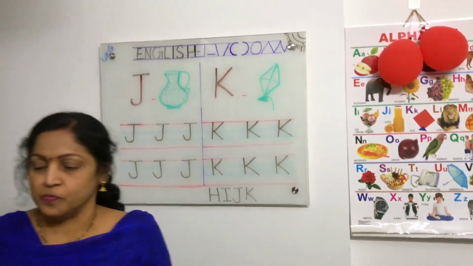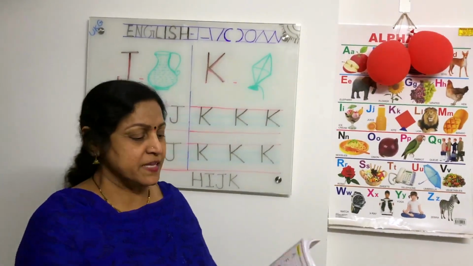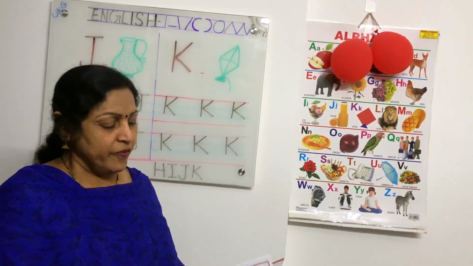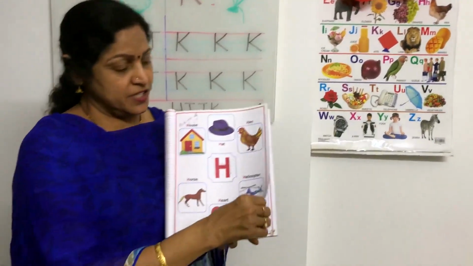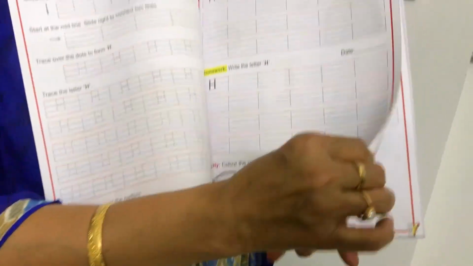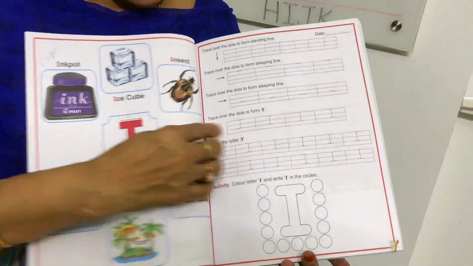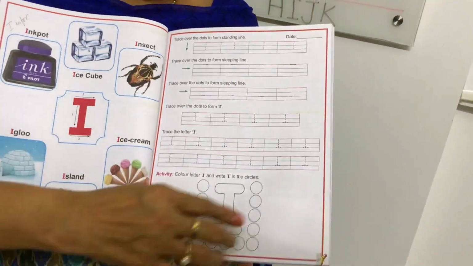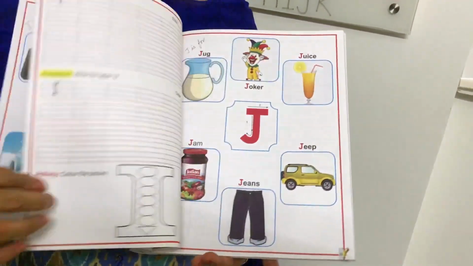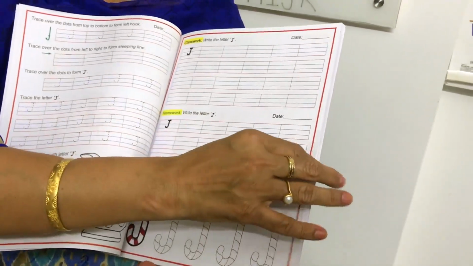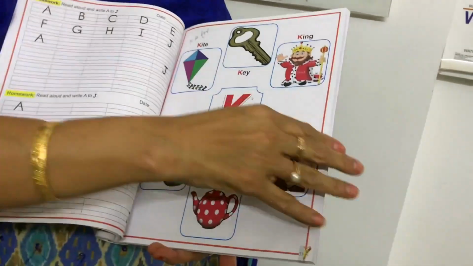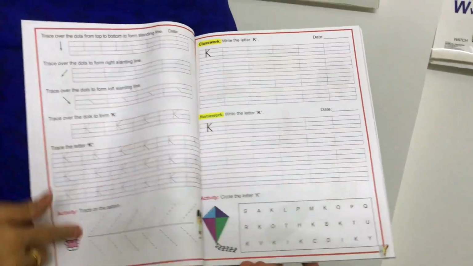Now in this book, children, see page numbers. Where is H? Here H is there, no? Here H is there. This page, and I, this page, J this page, and K for K this page.